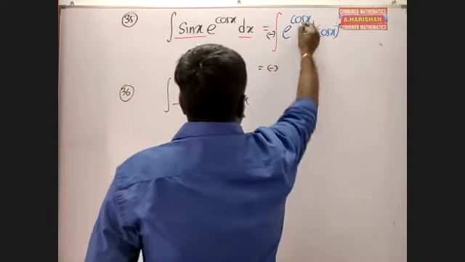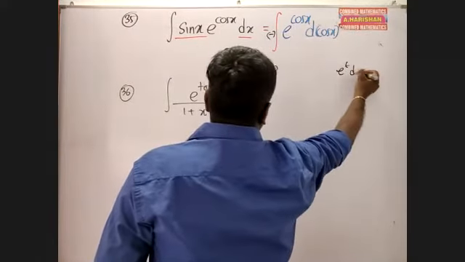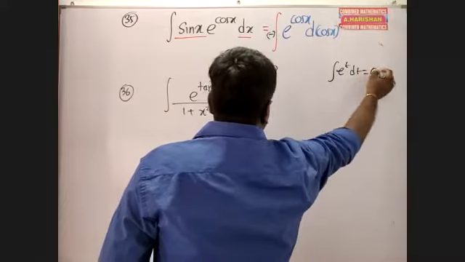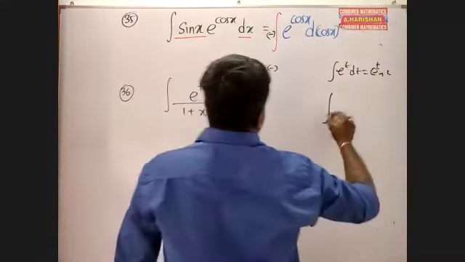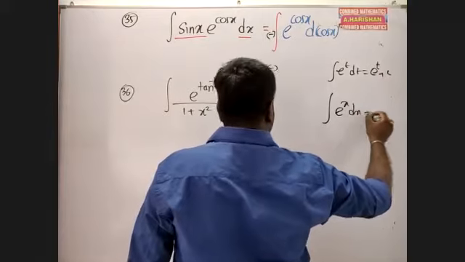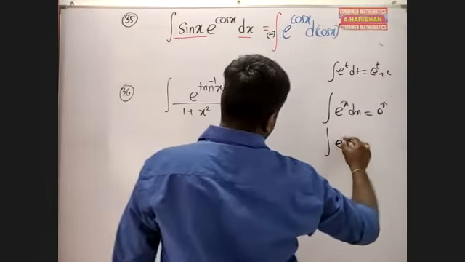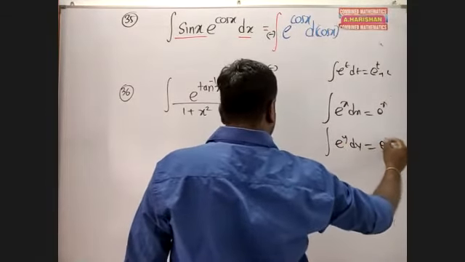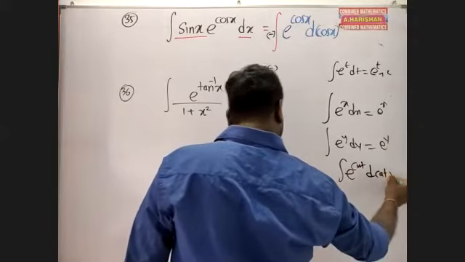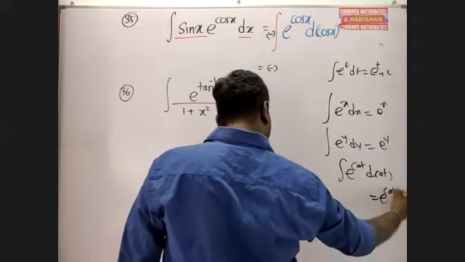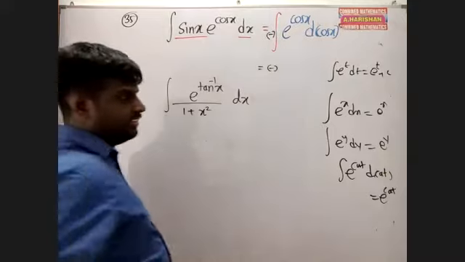So minus integral of e to the power t dt. What is that? If you integrate e to the power t, e to the power t is the answer. e to the power x dx, e to the power x is the answer. e to the power y dy, e to the power y is the answer. Plus c.